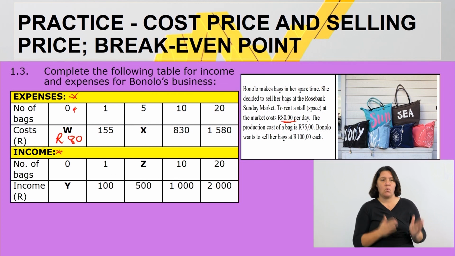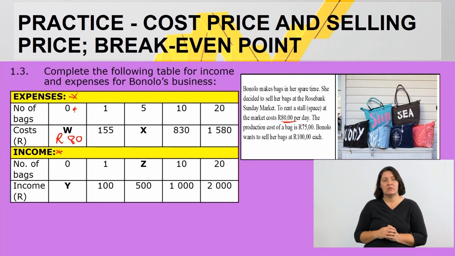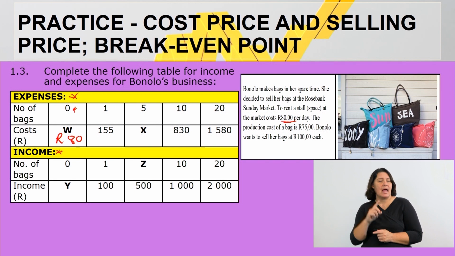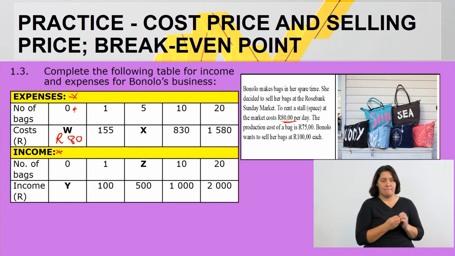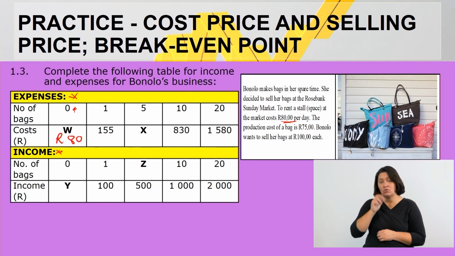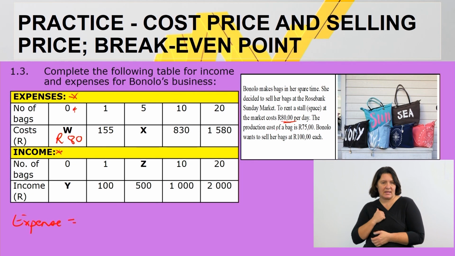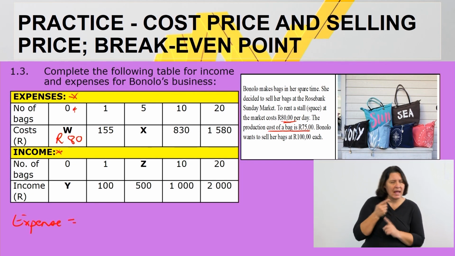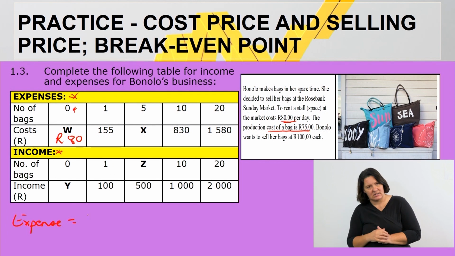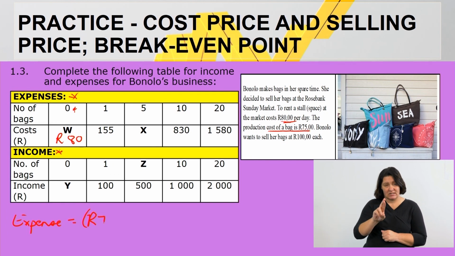Now I'm moving on to the missing value X, and we want to know what the expense will be for the making of 5 of these bags. Remember, I'm going to write it here, X, that will be your expense. So the cost price to make this bag is 75 Rand.